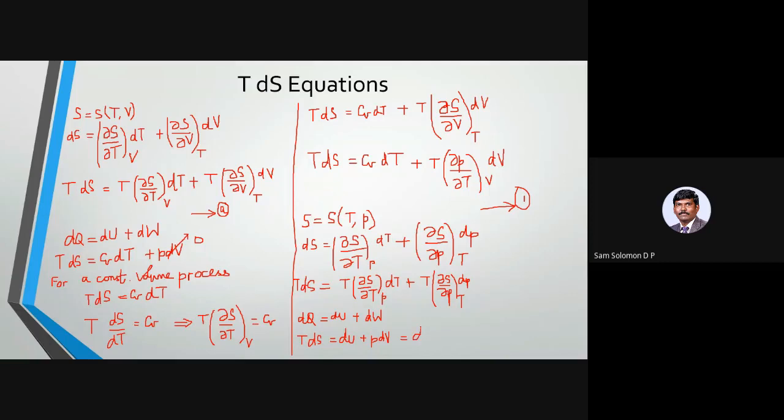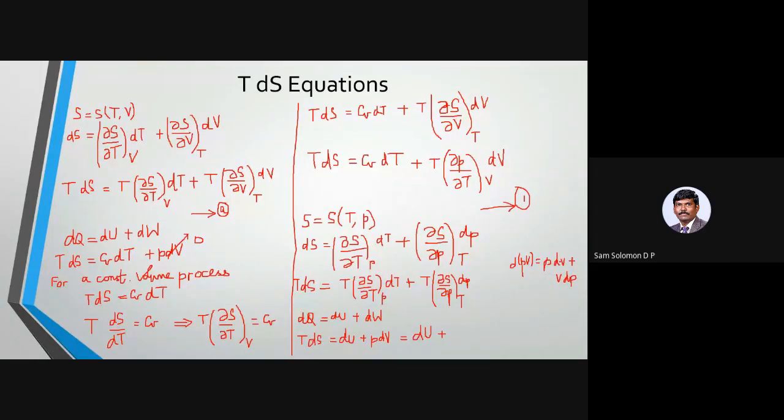And if you remember, we can replace this PdV. d of PV is PdV plus VdP.